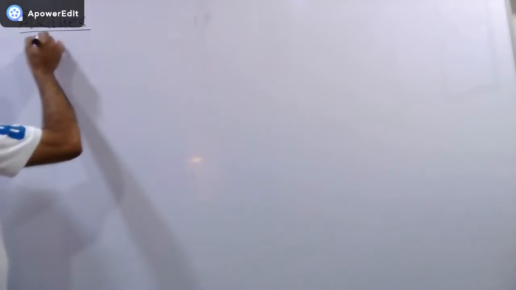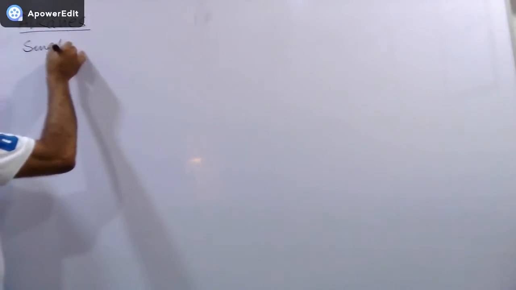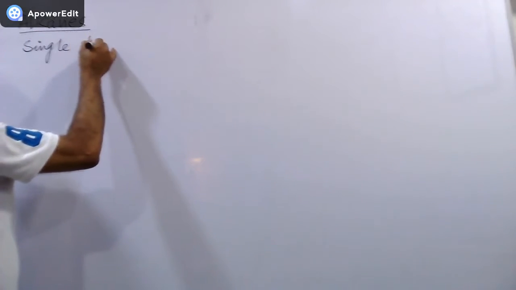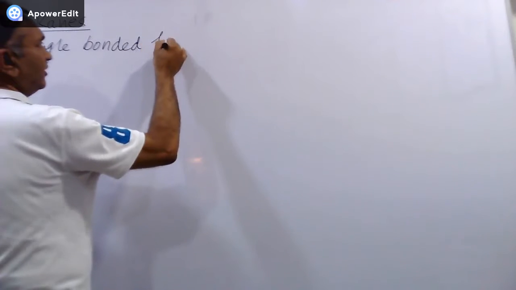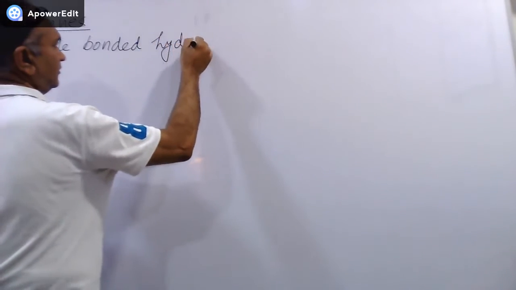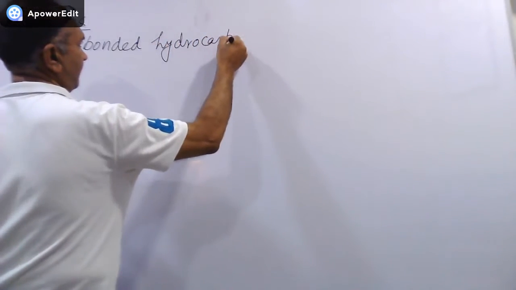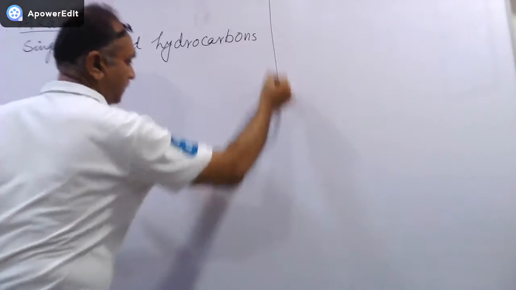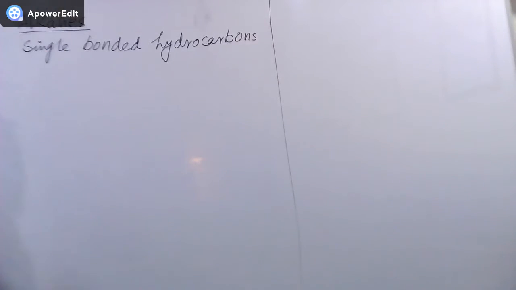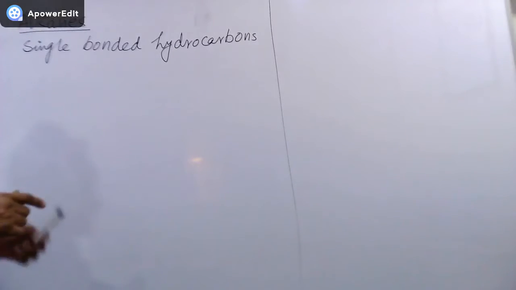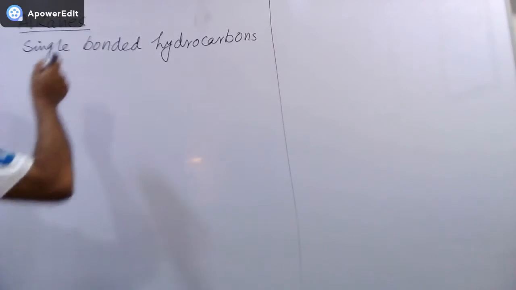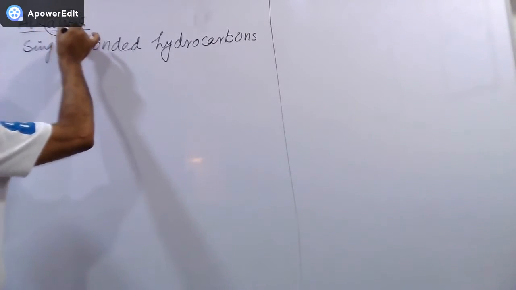What are alkanes? Alkanes are single bonded hydrocarbons, and the suffix is ane.